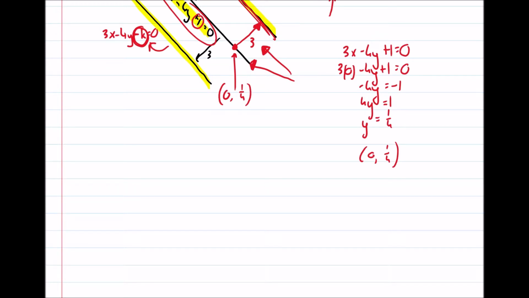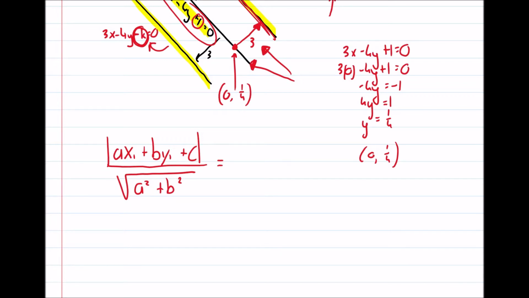So here's what I do. Write out my formula. It will be a x1 plus b y1 plus c all over the square root of a squared plus b squared. And that would find me the distance between the point and the line, but I already have that.